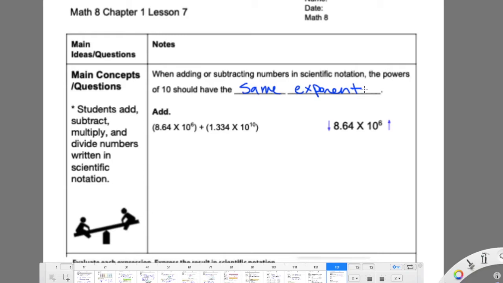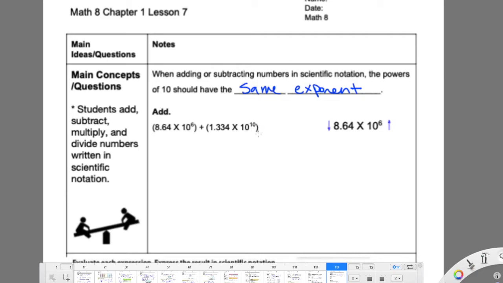So if we had 2a and 5a, we can add these two together. They have like terms. They both have the same variable. But if we had a case where it was 2a and 5a squared, well, now they're not exactly the same anymore. So this is the same idea we're looking at here. When we're doing addition and subtraction, we need the power of 10 to be the same, just like the same variable. We treat that power of 10 kind of like a variable.